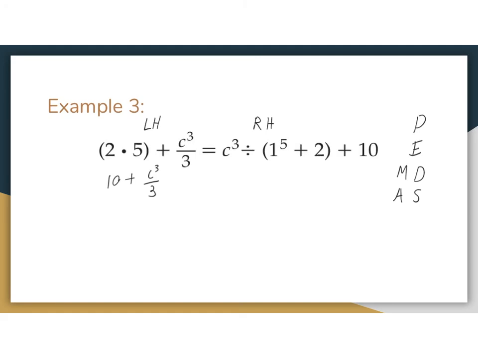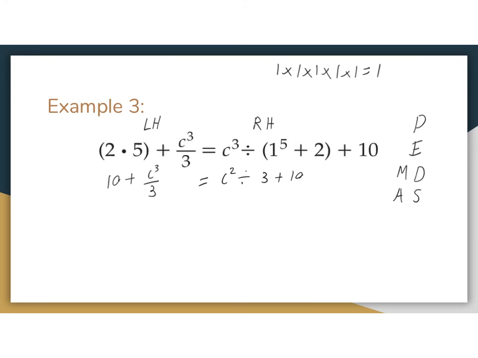So again, we're going to do our parentheses first. So we're going to have c divided by 1 to the 5th. Now remember, what is 1 to the 5th? It's 1 times 1 times 1 times 1 times 1, which equals 1. 1 plus 2 is equal to 3 plus 10.